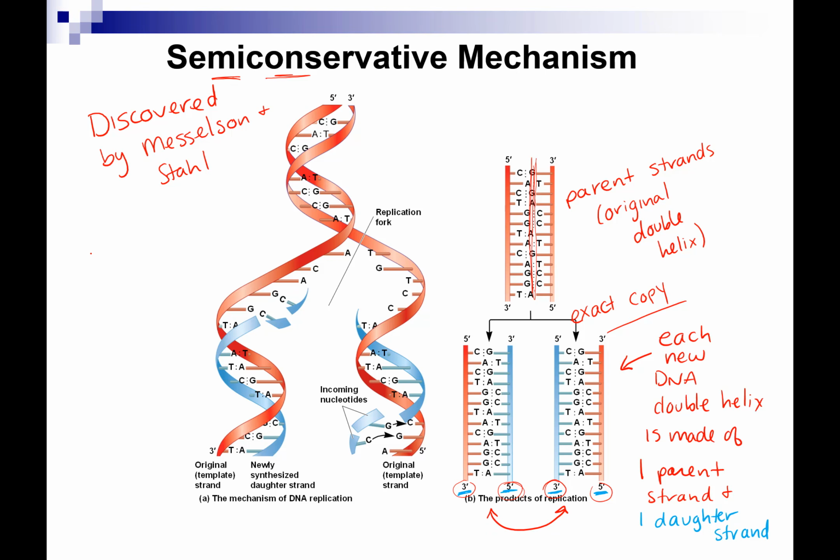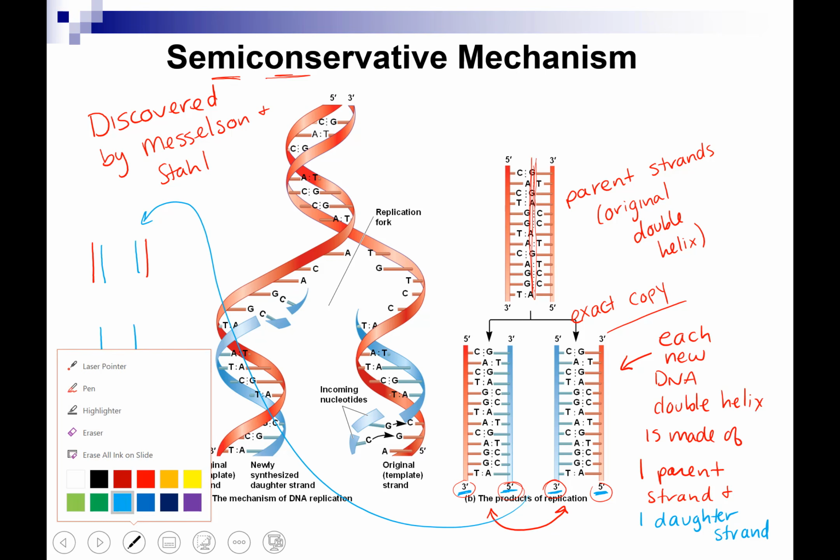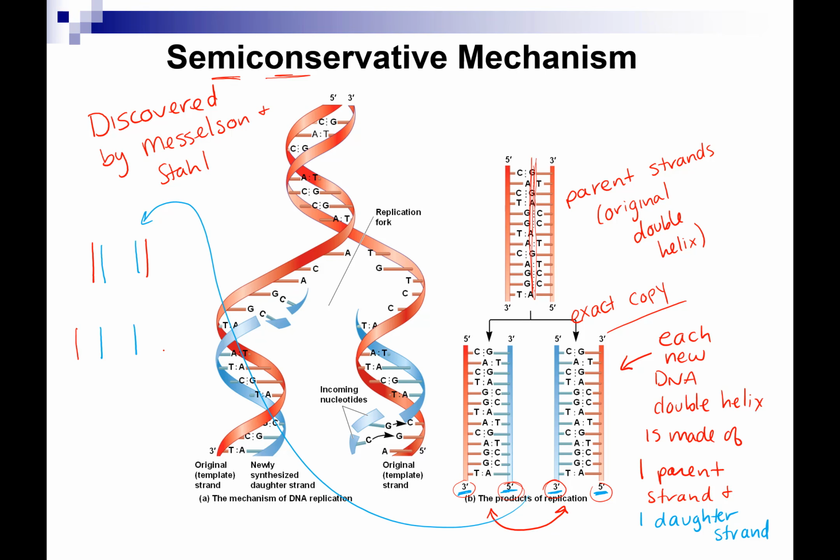And I just want to let you see that if you took these 2 strands that we had here, and now replicated them again, you would split them. Okay, so the red goes to the red, and the blue goes to the blue.